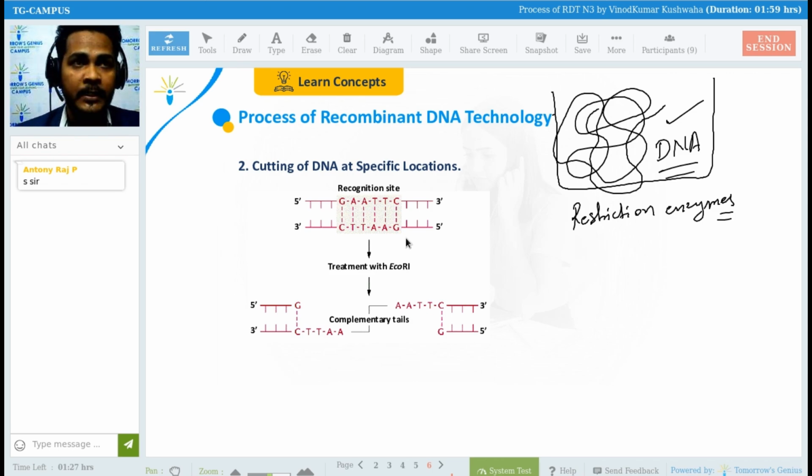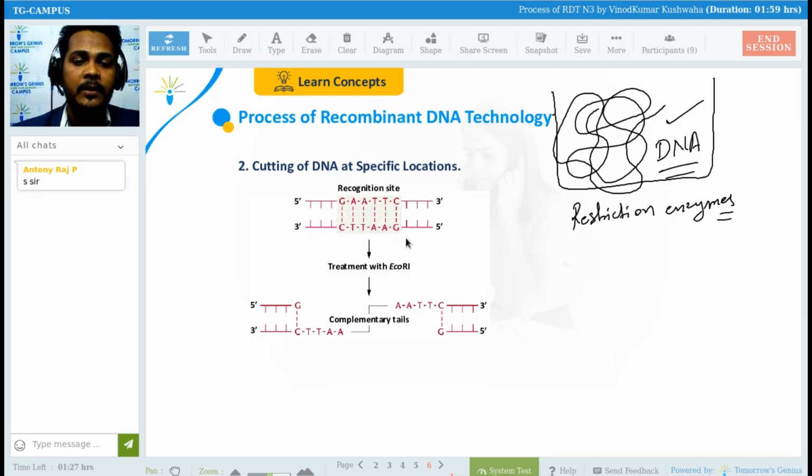Because electrophoresis helps you check the progress of restriction enzyme digestion, how the enzyme is working on the digestion of that DNA. Since you know that DNA is a negatively charged molecule and it moves toward the positive electrode, right?